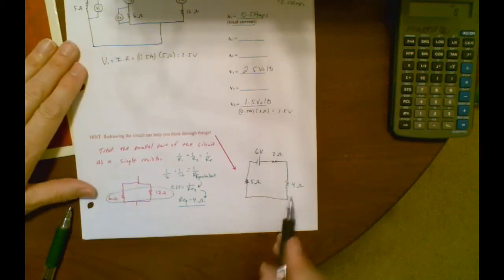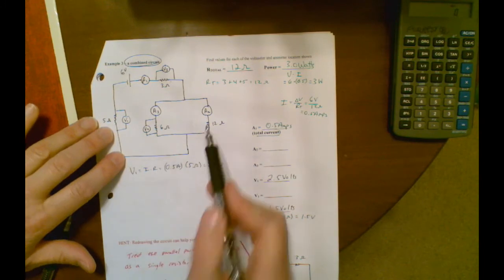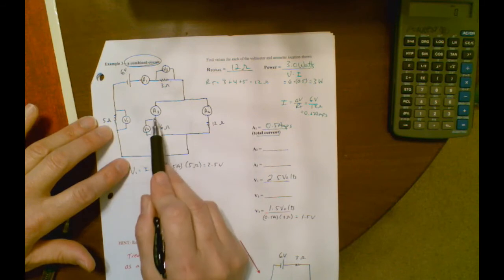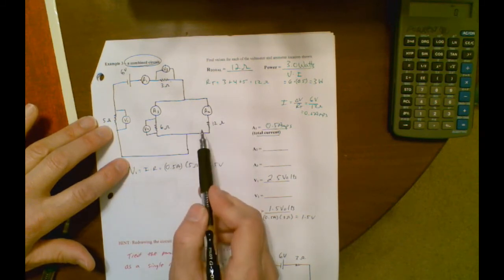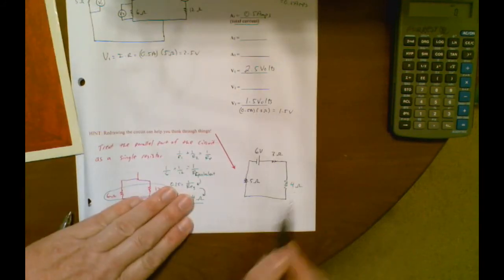So one of the ways is to understand that since the voltage across a parallel branch of a circuit is equal to the voltage across that whole component, the voltage I would have across here and the voltage across here would be the same as each other. That would also be the same as the voltage I could calculate across this equivalent resistance here.